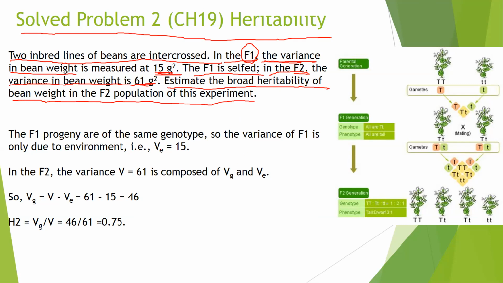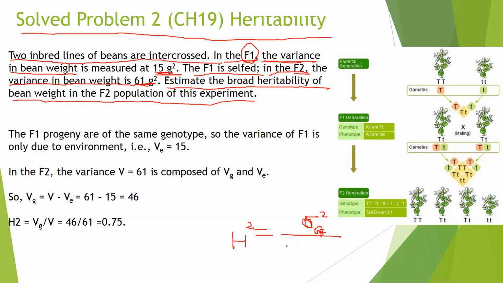So what is the broad sense heritability? Today we learned this, right? The broad sense heritability is defined as the proportion of the total variance observed which can be explained by genetics only. That means there's a ratio, a proportion. In the numerator is the variance that can be explained by genetics, so it should be the genetic variance, sigma G squared.